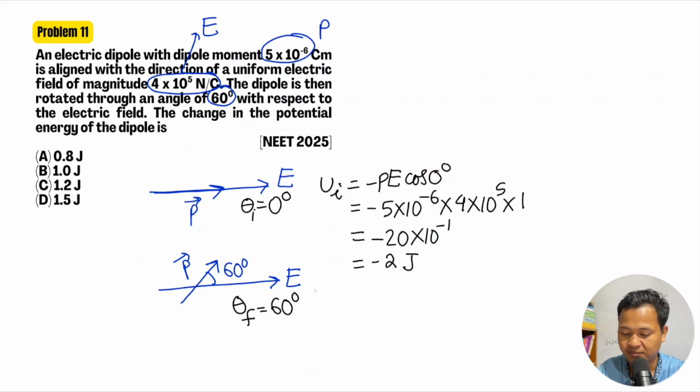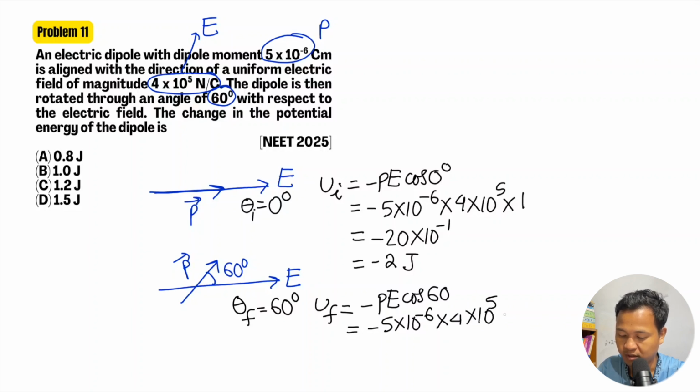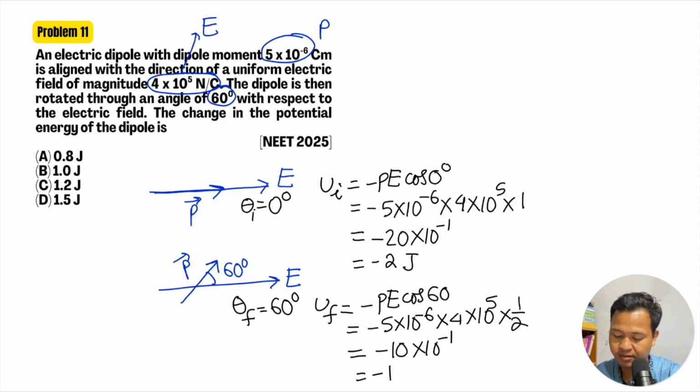U final will be the same thing: minus P into E into cos 60 degree. So minus 5 into 10 power minus 6 into E, 4 into 10 power 5, into cos 60, which is 1 by 2. So here you'll have minus 10 into 10 power minus 1, that means minus 1 joule.